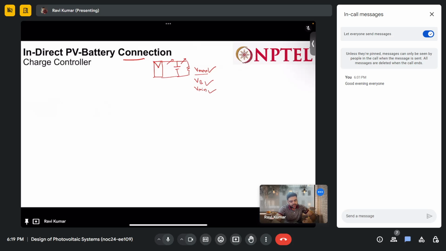So when it is completely discharged, it should be disconnected from the load and connected with the PV module. It is very simple. While our battery is fully discharged, it should not be connected to the load, it should be connected to the charger only.